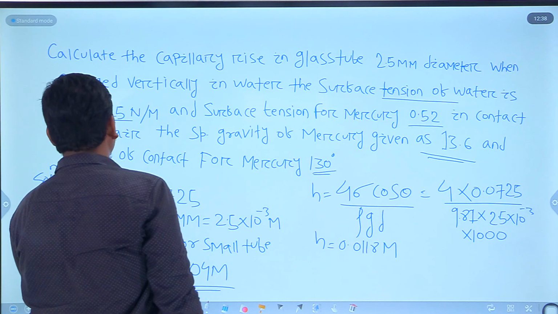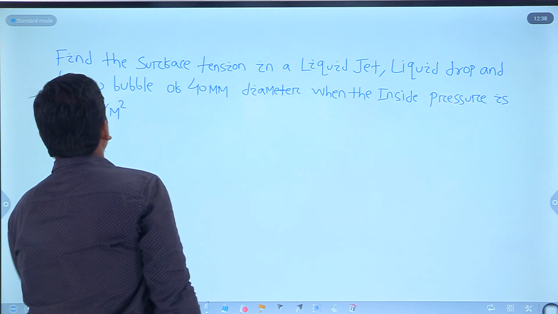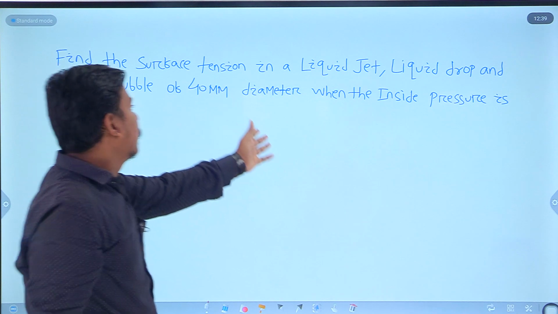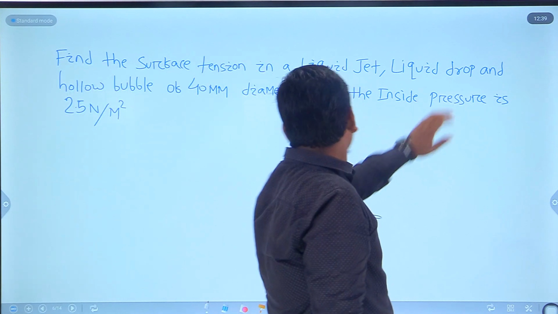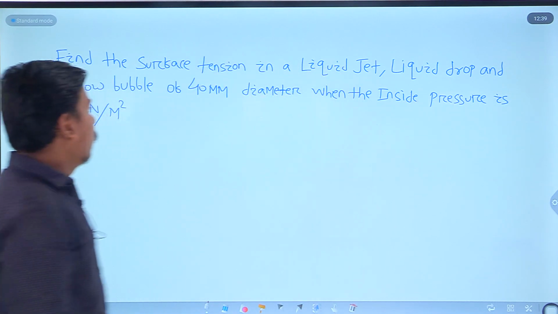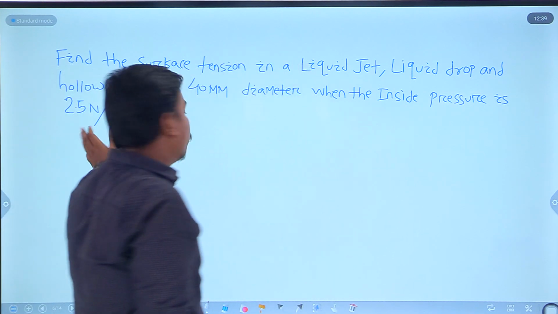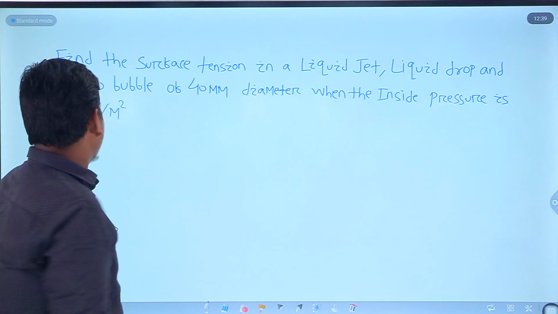Next, another problem. Question given: find the surface tension in a liquid jet, liquid drop and hollow bubble of 40 mm diameter when the inside pressure is 2.5 Newton per meter square.